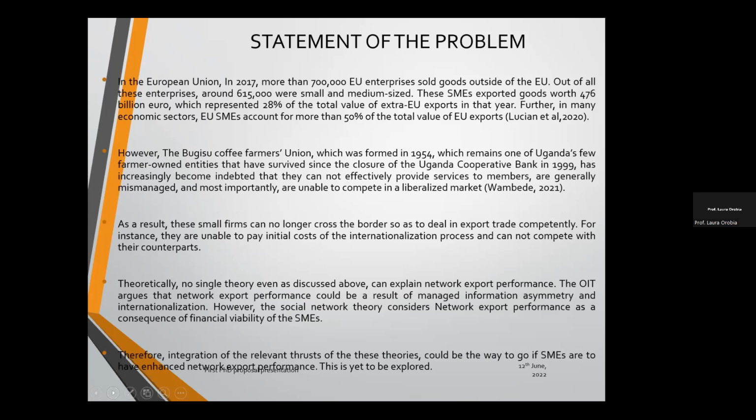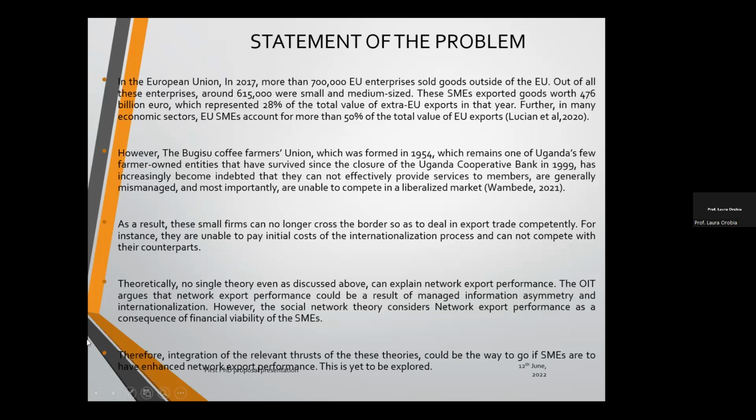You need to give a picture of what is wrong out there in terms of the coffee enterprises in Eastern Uganda. Anyway, you've got my point. Go back to the conceptual framework, please.